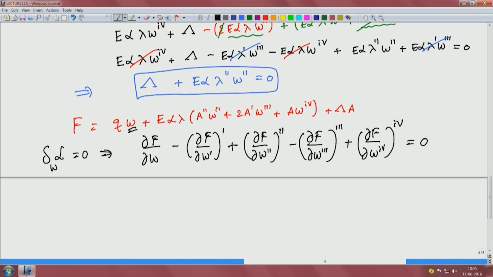Let us do that, even though it may look intimidating, this is a routine process.